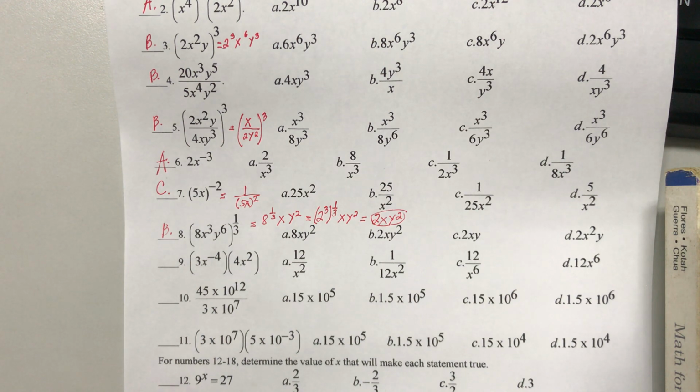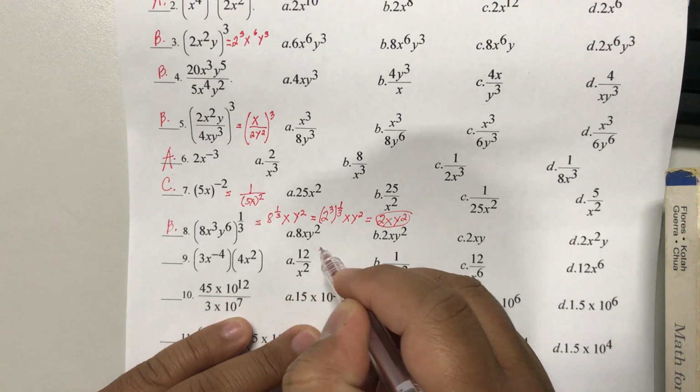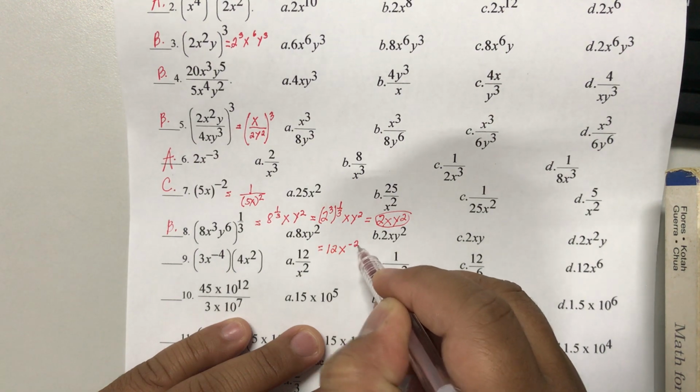The product of x to the power of negative 4 and x squared would be x to the power of negative 2, since multiplying expressions with the same bases will mean adding their exponents. So, the answer would be 12x to the power of negative 2.